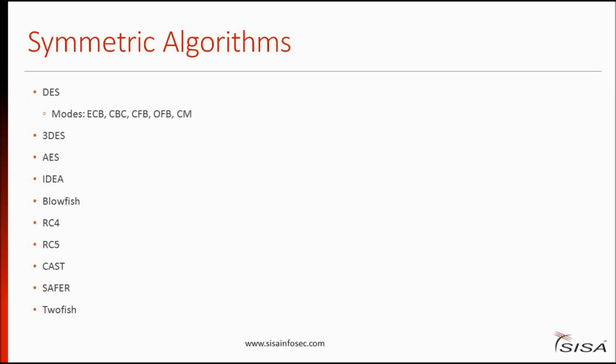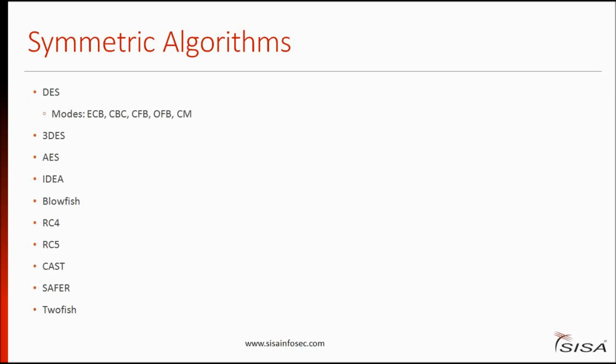Then we have Triple DES, which improves on the DES encryption algorithm by using a 112-bit effective key length. It uses either 2 or 3 different smaller keys in one of the several modes explained above.